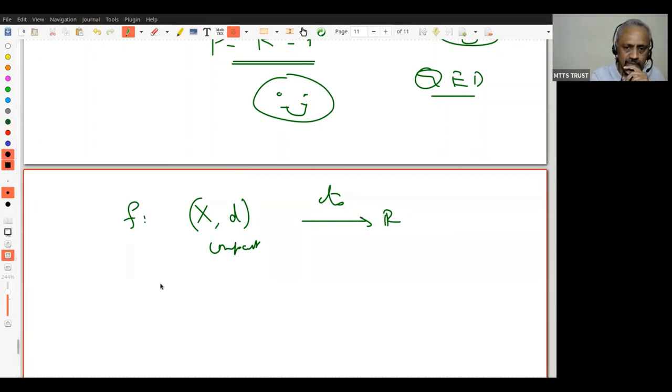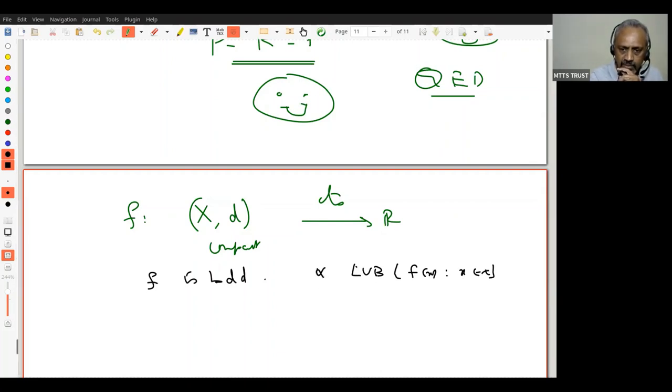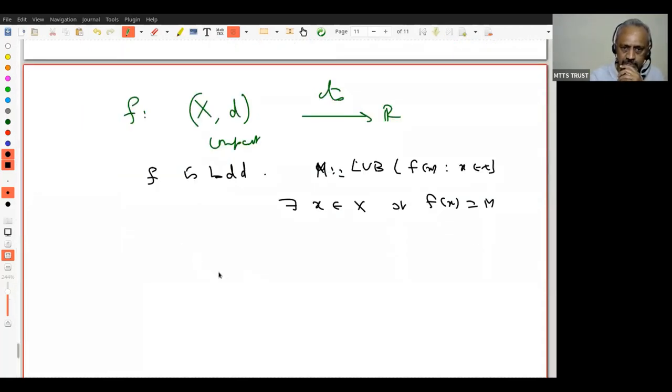I want to say, let us say f is bounded, since if it's bounded, then I can talk about the LUB of f(x) as x varies over capital X. Since it's a bounded set, the LUB exists in the real numbers; call it M. Then we know that there is an x in X such that f(x) equals M. That is what you classically say: any continuous function on a compact metric space attains its bounds. Now I will give a proof.